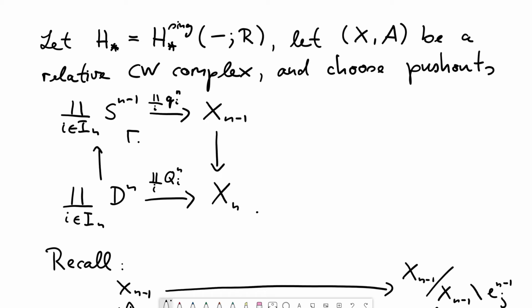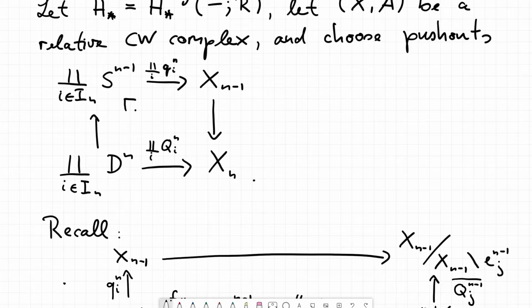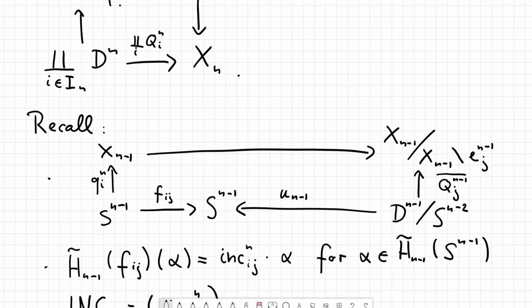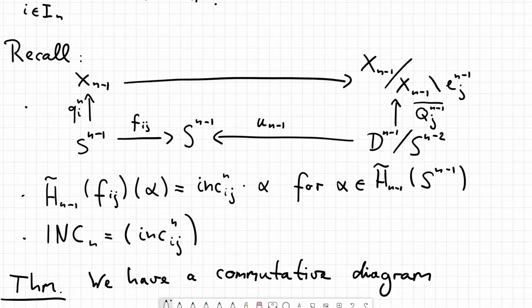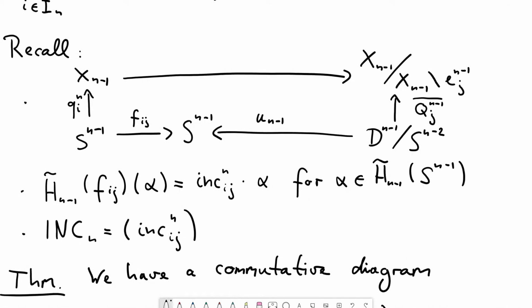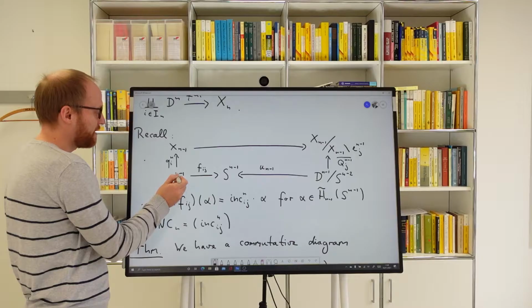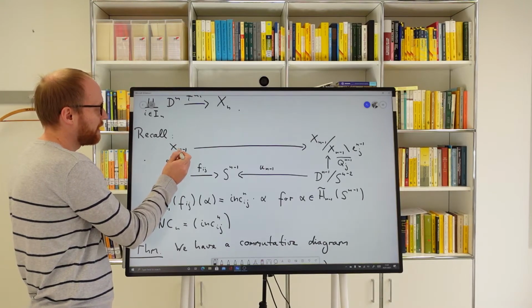And their restrictions to the boundary spheres, these are the small letter q_i^n, and these are called the attaching maps of those cells. All right, and with this choice, we could define maps f_ij from the (n-1)-sphere to the (n-1)-sphere. And how did we do this? Well, we first of all take the attaching map of the i-th n-cell, that's a map from S^(n-1) into the (n-1)-skeleton.